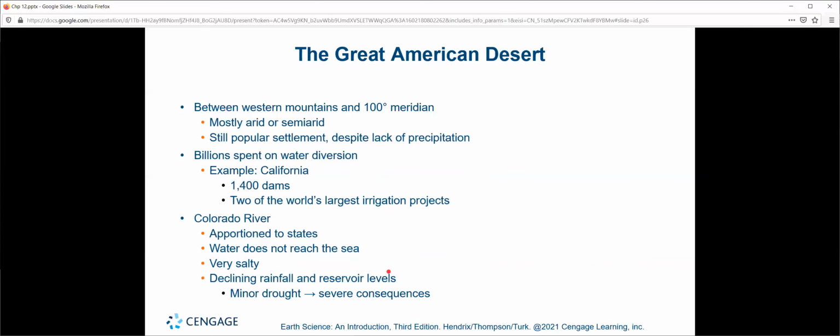The Colorado River is a fantastic example of this. It has been apportioned to states that the Colorado River does not necessarily run through. The water does not reach the sea to replenish that water cycle, thus making things very salty, affecting rainfall, affecting reservoir levels, affecting droughts, what have you. And we're talking about people living where there is no water, moving water to them.